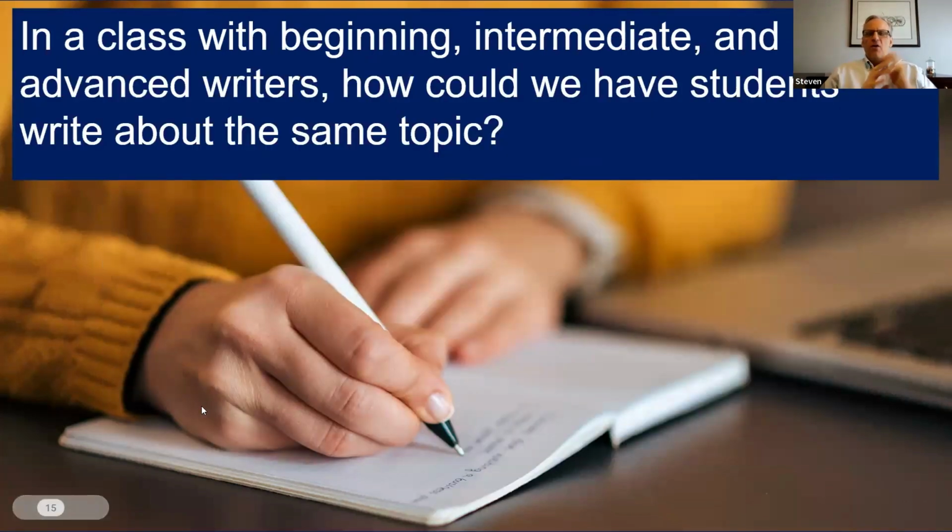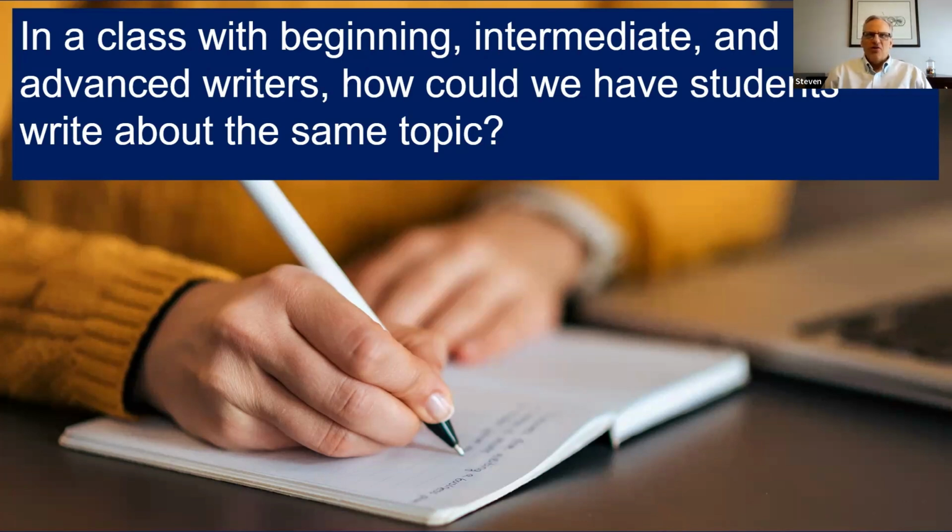So let's talk about this. This is open discussion. This is time where we can unmute. This is time where we can flood the chat with great thoughts. So let's say we have a class that has beginning writers, in other words, these writers are very unconfident, don't have confidence with their skills. We have some intermediate writers who feel decently comfortable, and they can usually write a few sentences, write a decent paragraph without too much help.